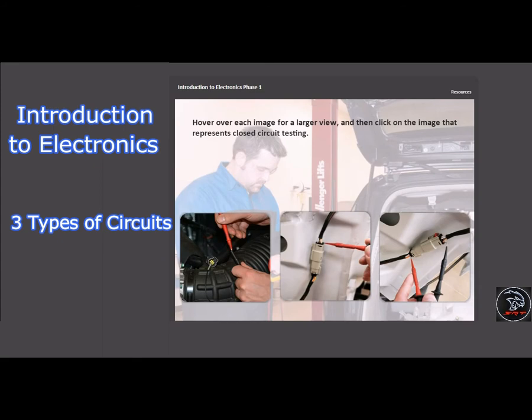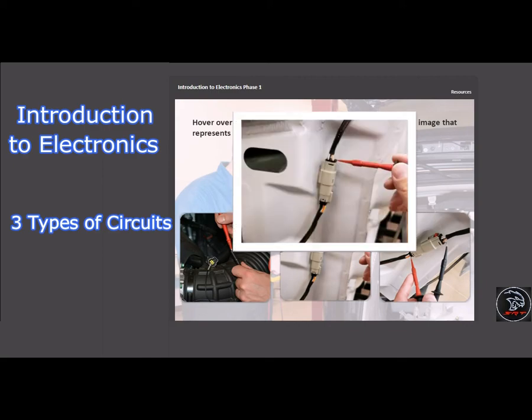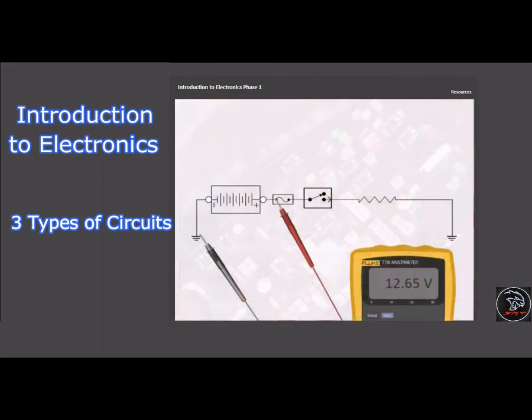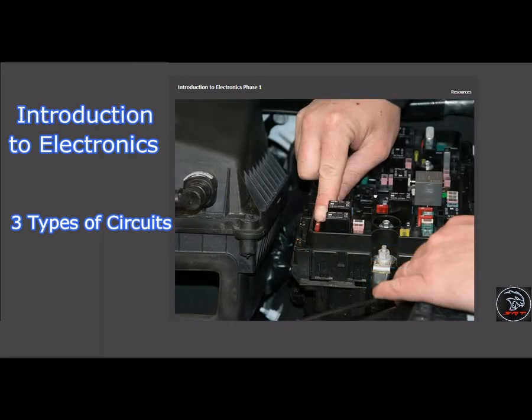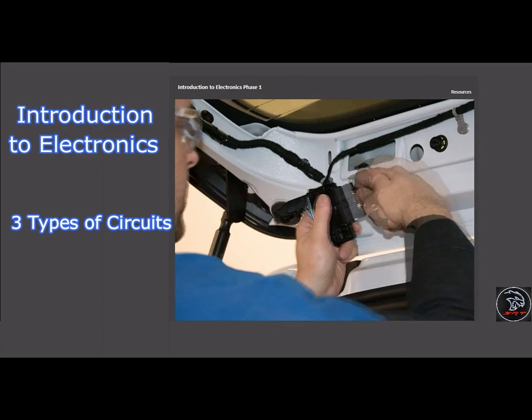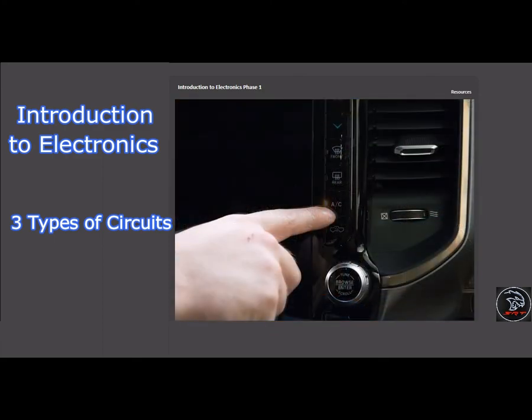Hover over each image for a larger view, and then click on the image that represents closed circuit testing. Correct. Closed circuit testing is performed on a complete circuit that provides a path for current to flow. In other words, fuses are installed, components are connected, and switches are set to the closed or on position.